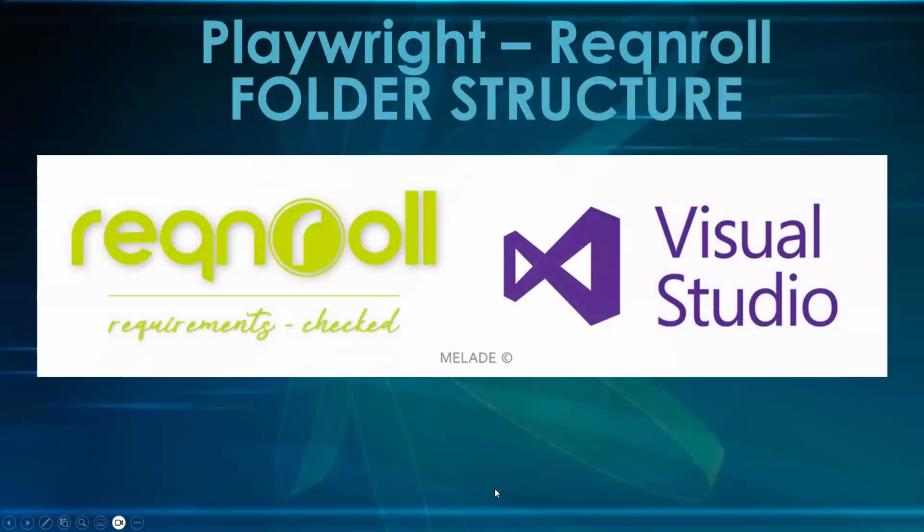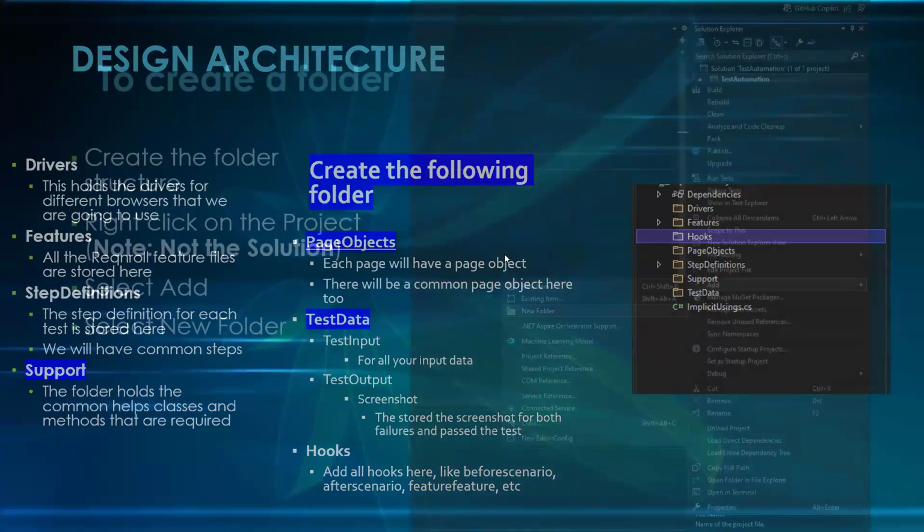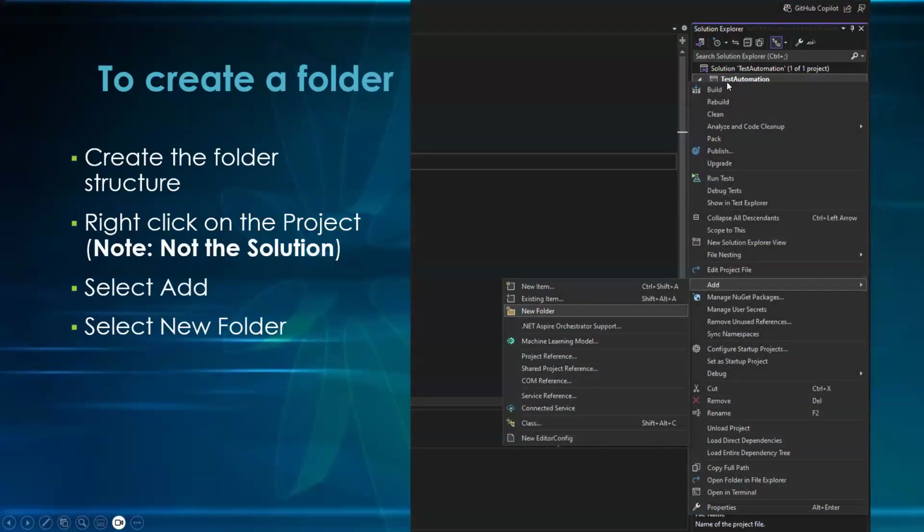For the page objects, and also we need to create the test folder, you just need to right click on your project, not the solution. Right click on your project, click on add, and click on new folder.